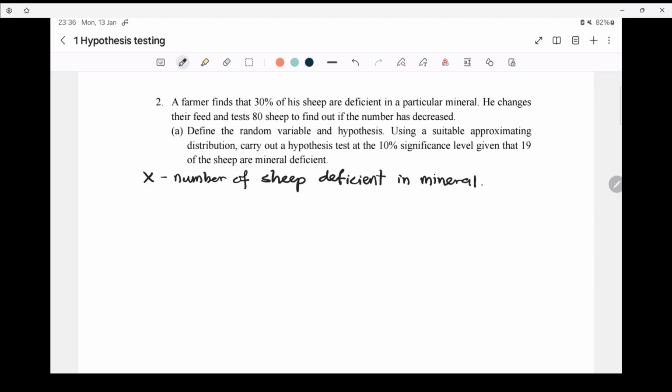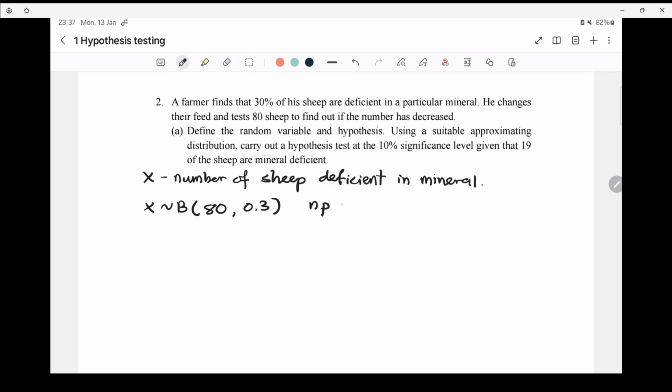So this is still a binomial distribution. You have 80 sheep and the probability of success is 0.3. So the question asks you to use a suitable approximation, meaning that you need to approximate using the normal distribution. So can you do it?